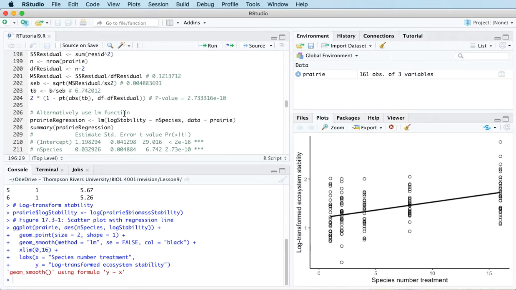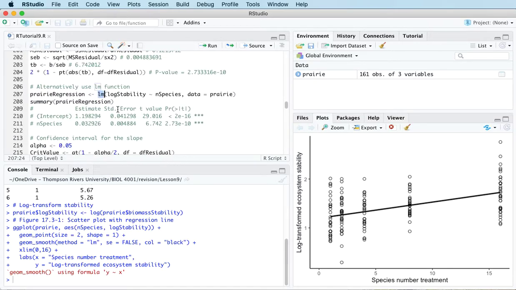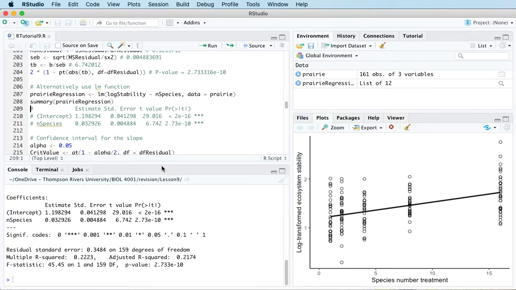But I want to skip ahead to using the lm function to fit our simple linear regression model, and then look at the summary output to think about the slope parameter. So here's the estimated y-intercept, and here's the estimated slope, and so that tells me what the formula for this regression line is.